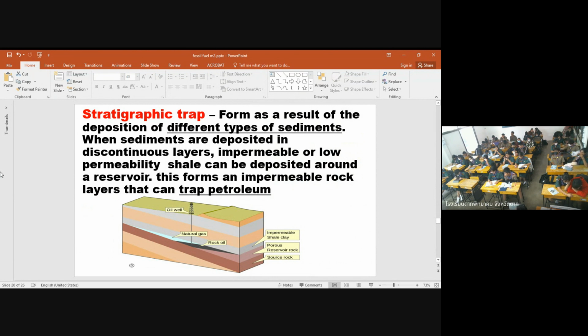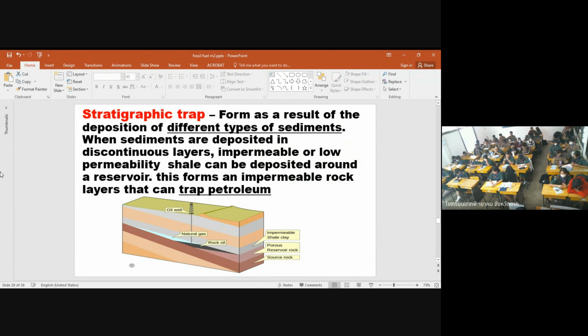So when sediments are deposited in continuous layers, impermeable or low permeability shale can be deposited around your reservoir. So this forms impermeable rock layers that can trap petroleum.